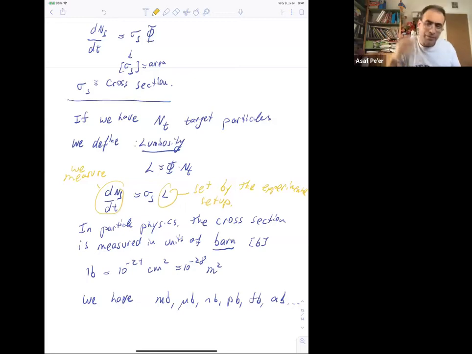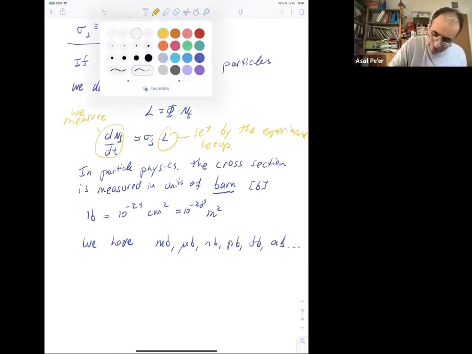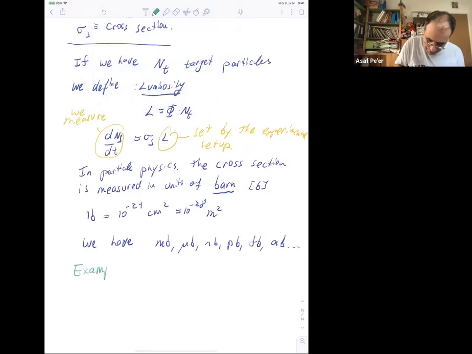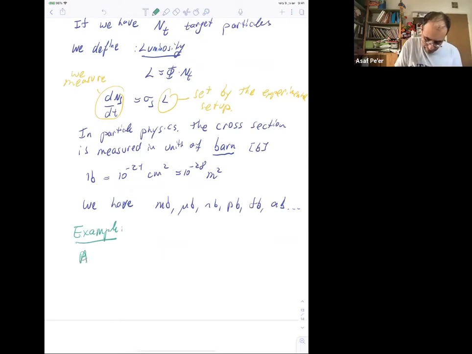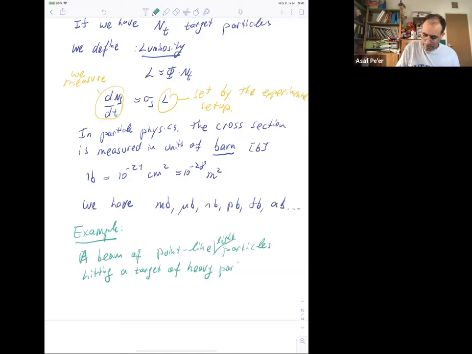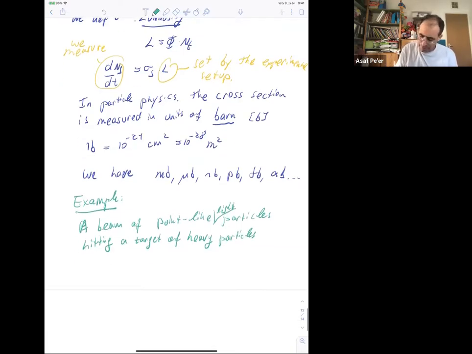Just a classical example, the billiard ball example. Suppose we have a beam of point-like and light particles hitting a target of heavy particles which are spherical with radius r.